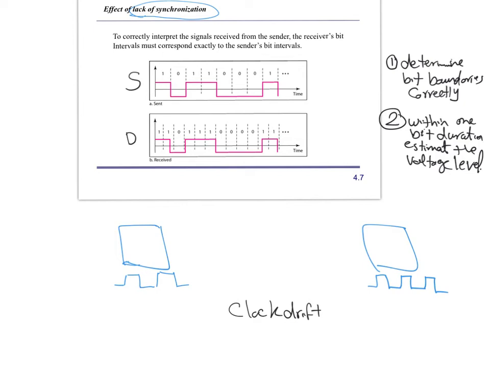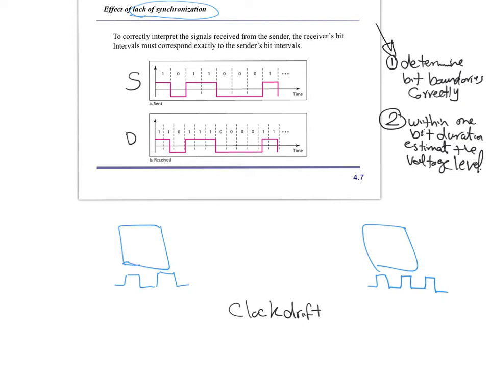I was able to recognize all the bits correctly. So if I can detect the bit boundaries correctly, and within each bit duration I can detect the voltage level correctly, then my job is 100% correct. But of course, life is not that easy.